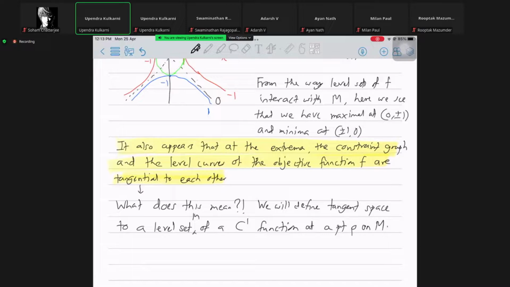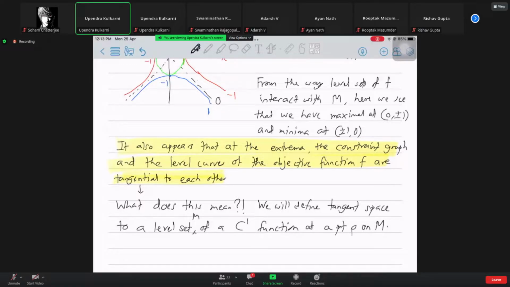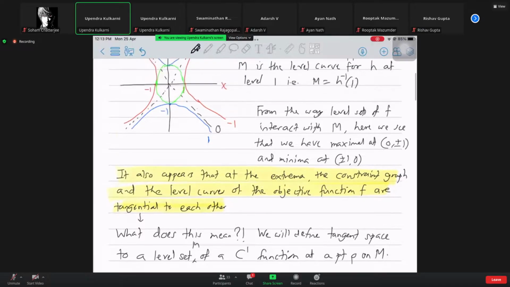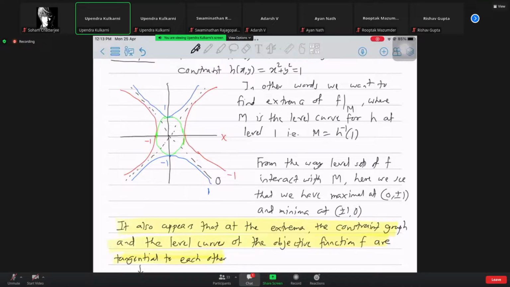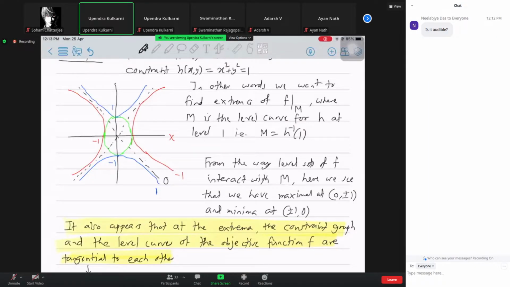So we will ... of the objective function at the extremum or infimum.